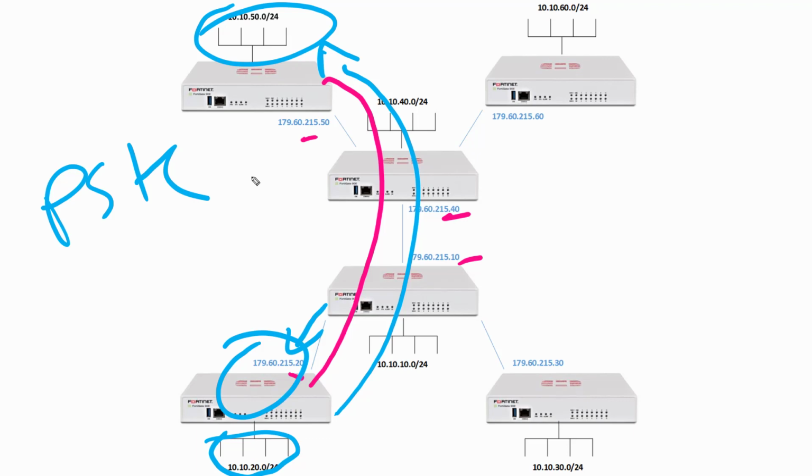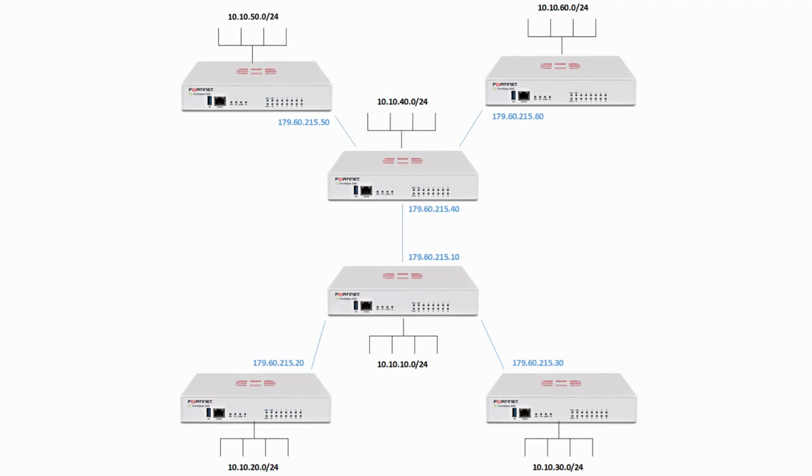When .50 receives that information, he would reply with his public IP. And then they would say, we can now dynamically create a VPN tunnel between us. So the VPN tunnel would be created and all subsequent traffic would flow between these two spokes on the network.